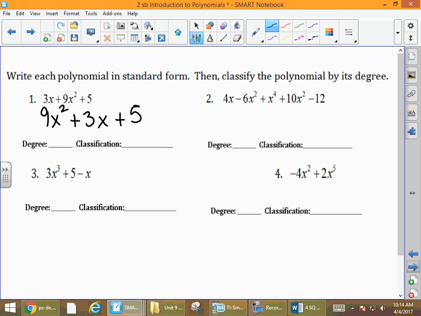You don't even have to show me. Show yourself. The degree is 2. And now the classification of a second degree polynomial, when we look above at our table, is the one that we've had the most experience with, lately at least, the quadratic.